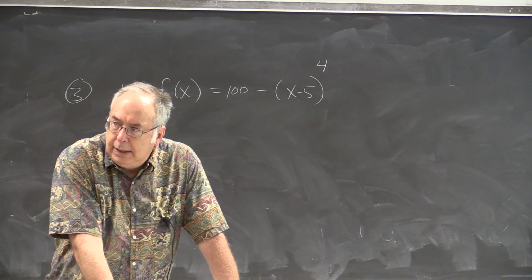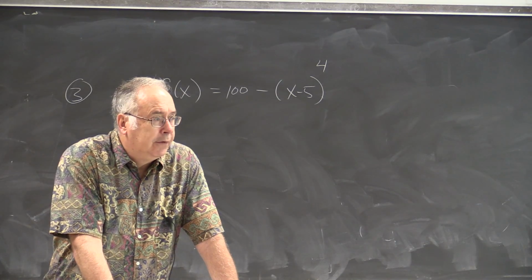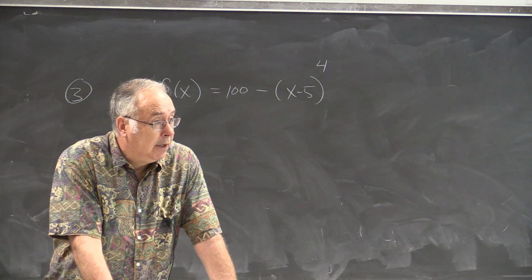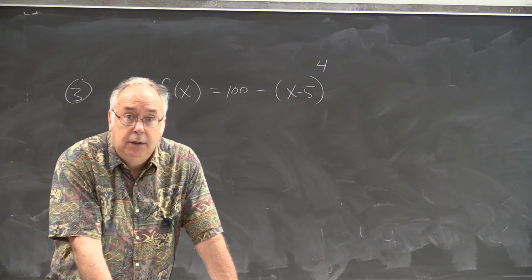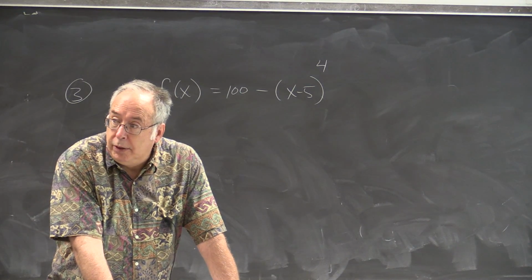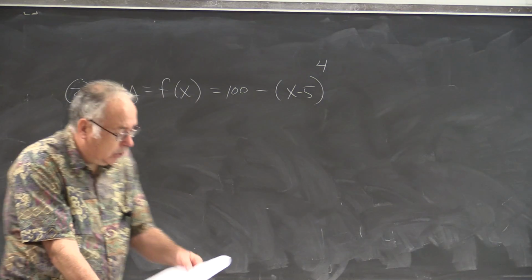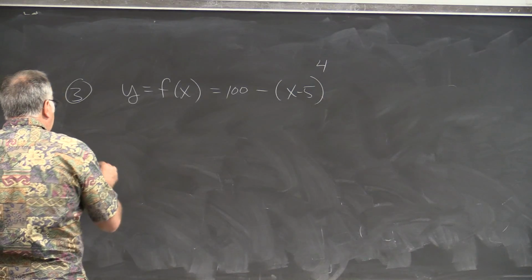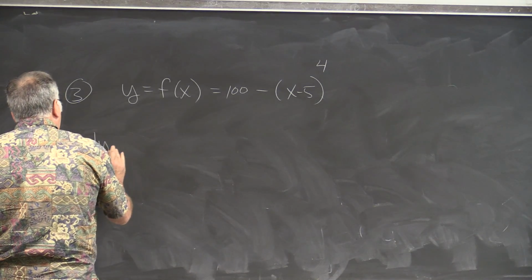That would be the values of y where the first derivative is 0. It's called the stationary value. A stationary value could be a maximum, could be a minimum, could be an inflection point. So you want to find the max or the min, or the inflection point. Take dy dx, or f prime of x.